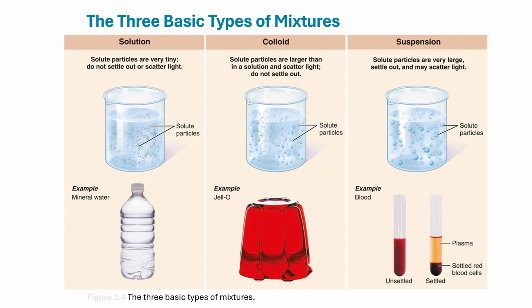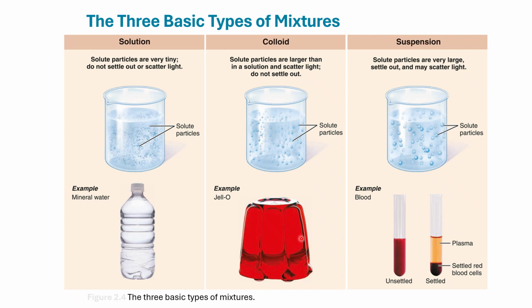Three basic types of mixtures. We have solutions, colloids, and suspensions. So a solution is the solute particles are very tiny. You won't see them. They don't settle or scatter light. So the example of that would be mineral water. Just looks like clear liquid. A colloid, the solute particles are larger than in a solution and do scatter light.